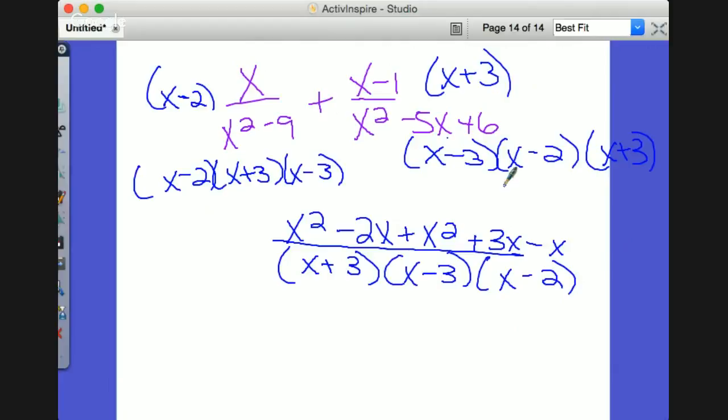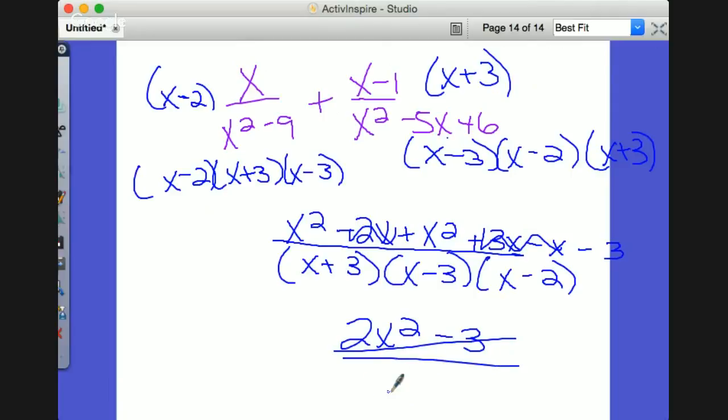And -1 times 3 is -3. So if I'm combining, I have x squared and x squared makes me 2x squared. What's -2x, 3x, and negative x? 0. Nice. And then minus 3, and I put it all over my common denominator.